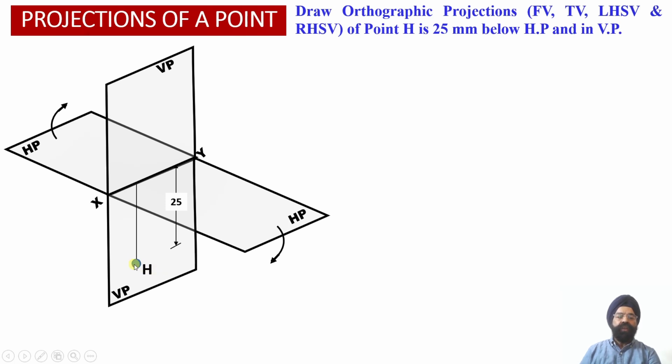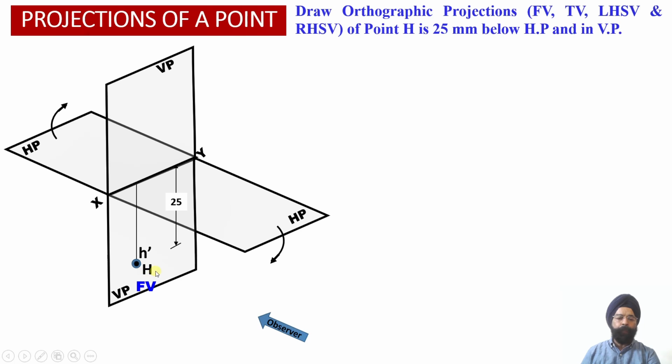Whether this point is assumed to lie in the fourth quadrant or the third quadrant, the front view projections will remain the same. When the observer looks at this point H from the front view orientation, the front view projection H dash will be obtained in the vertical plane at a point 25 millimeter below the horizontal plane.